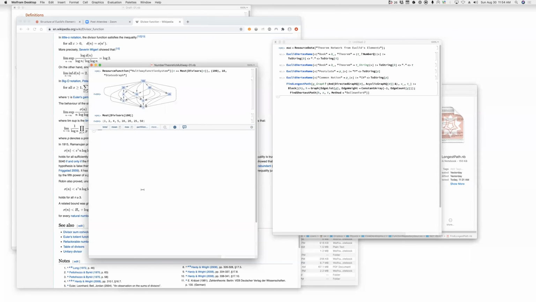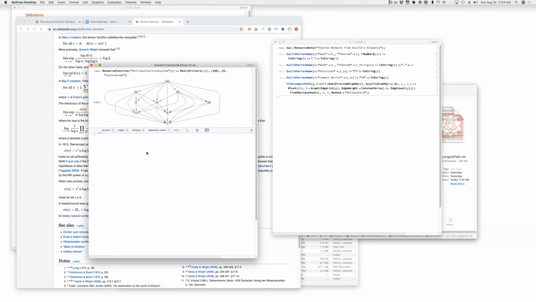Okay, so then the claim here is that if I were to just take this, and what does the causal graph look like in this case?